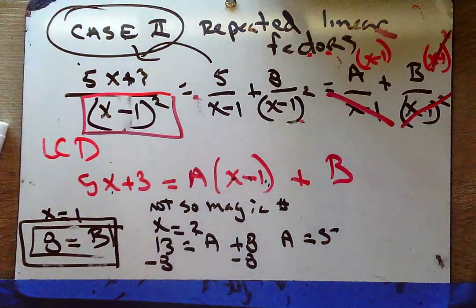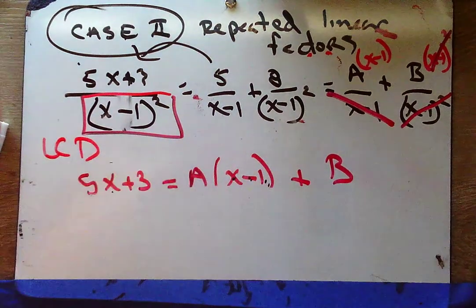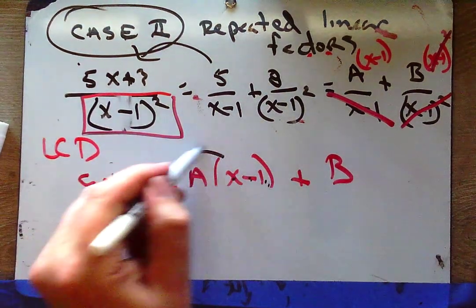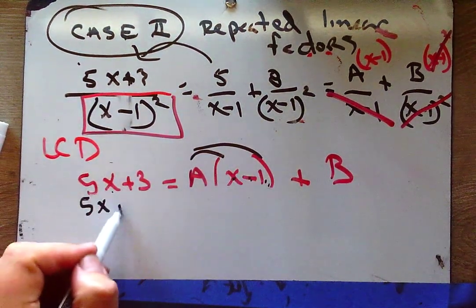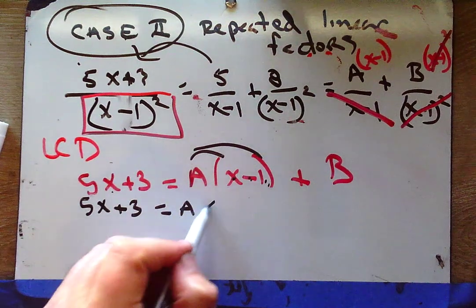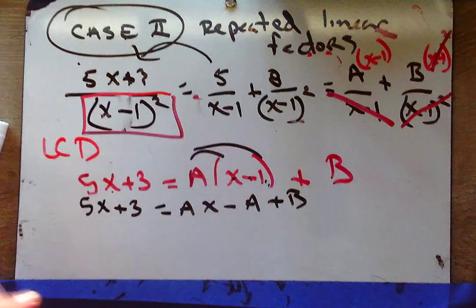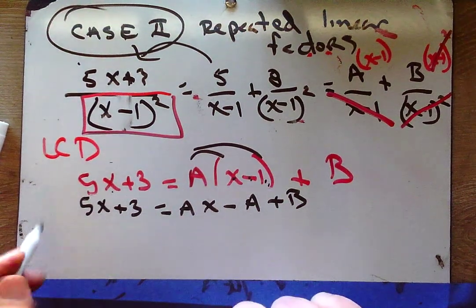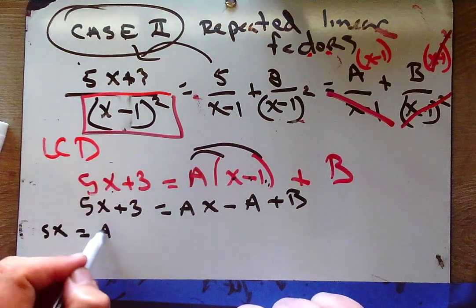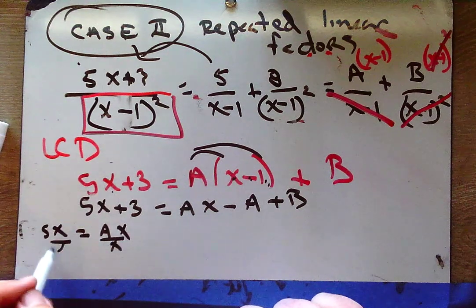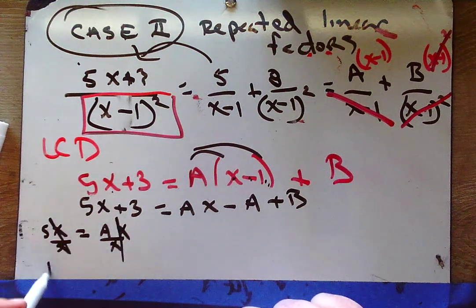What about systems? Well, let's take a look. Systems, I wanted to distribute 5x plus 3 equals ax minus a plus b. I'm going to make an equation out of this x stuff. 5x equals ax. I divide both sides by x. I see that a equals 5.